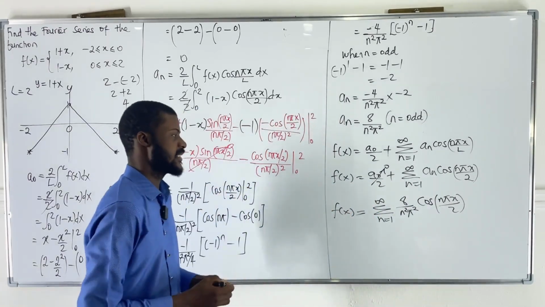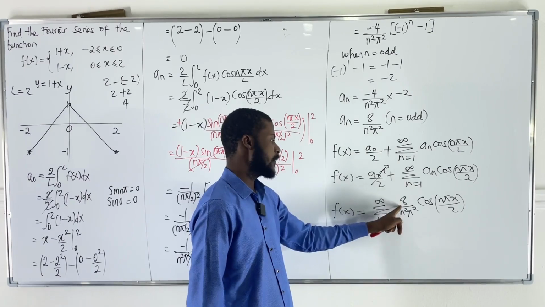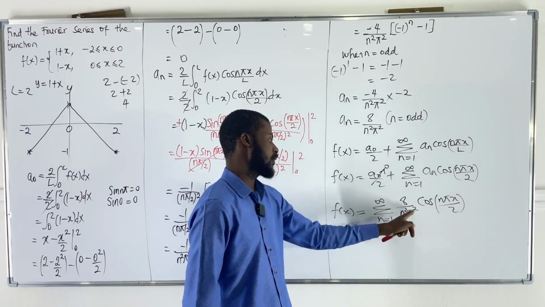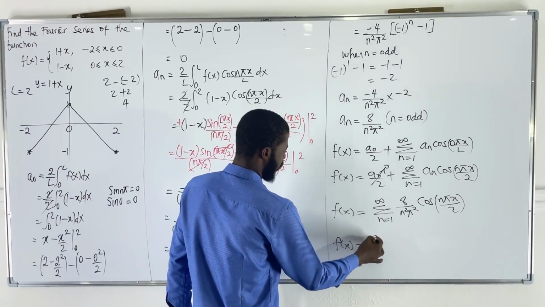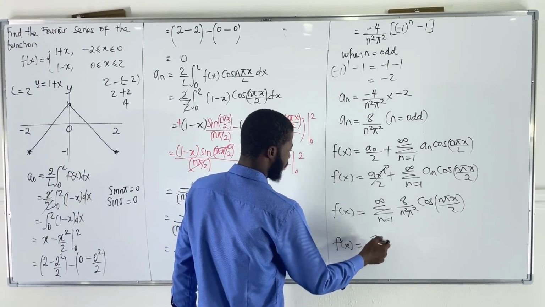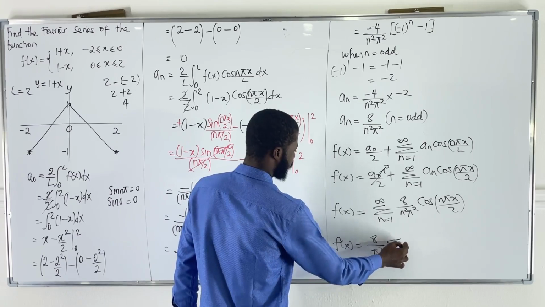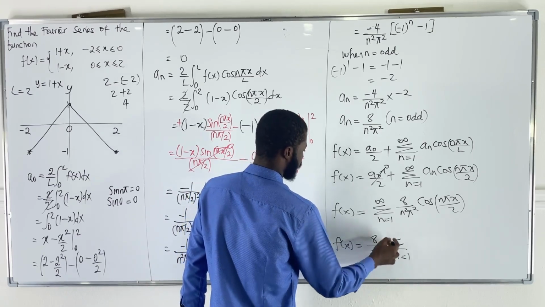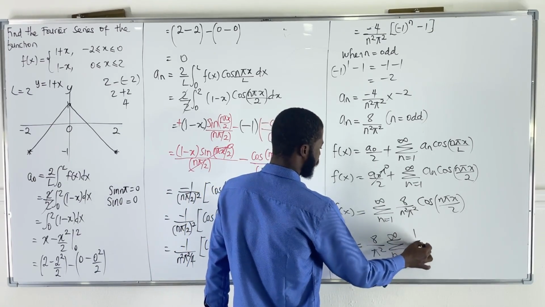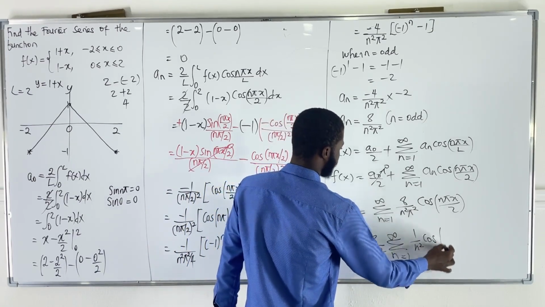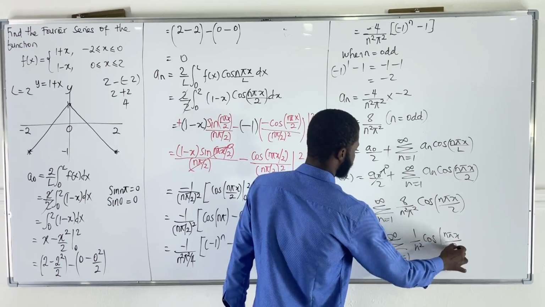Now let's factorize this expression because 8 over pi squared is a constant, so you can just bring it out. So f of x equals 8 over pi squared, and then the sum from n equal to 1 to infinity of 1 over n squared cos n pi x over 2.